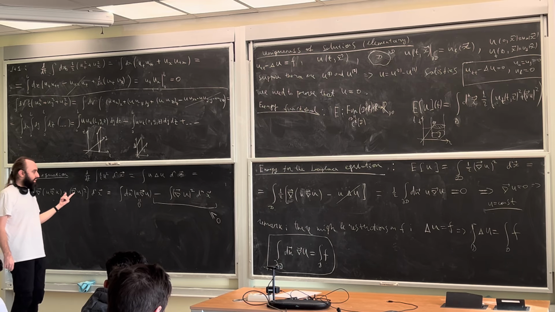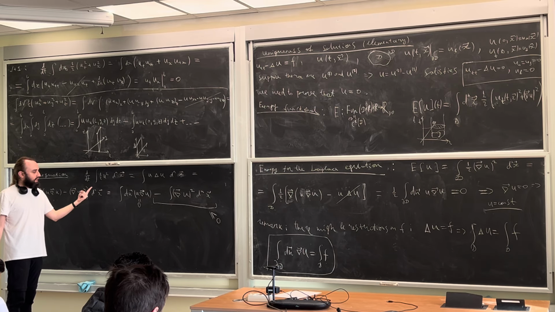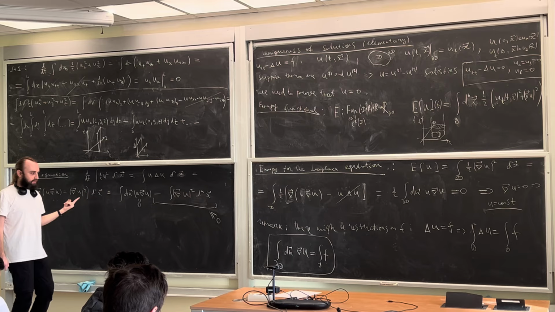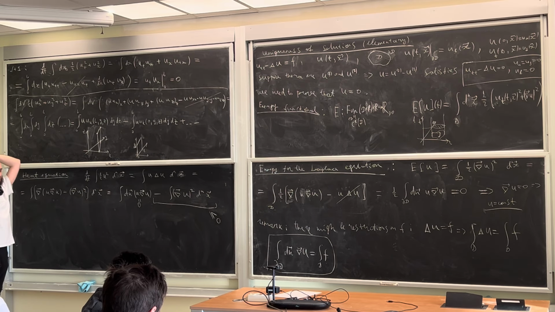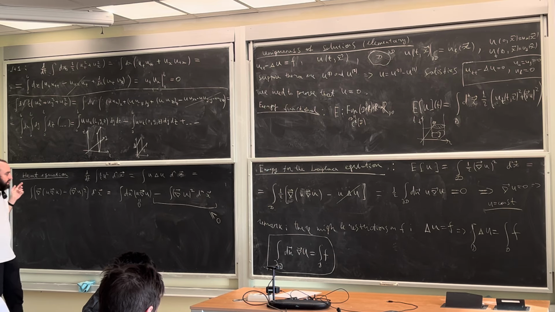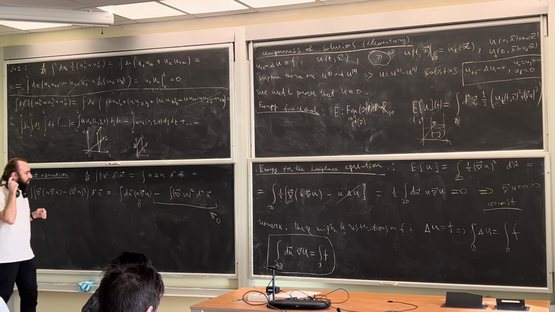So in this case, it is even better than for the wave equation. We have some functional that strictly decays, and if this functional was 0 at the beginning, then it stays 0 forever.